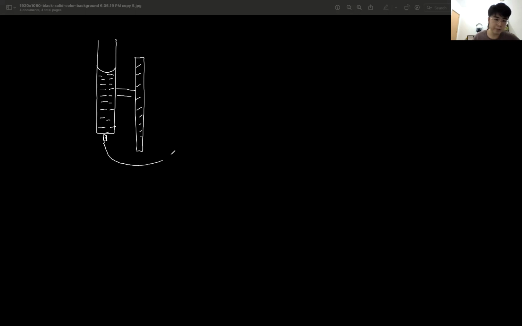Actually, I have a video for this one. Later I'll show you one video for this experimental setup. Okay, so you have a retort stand in the middle. Excuse my drawing. Right, something like this.